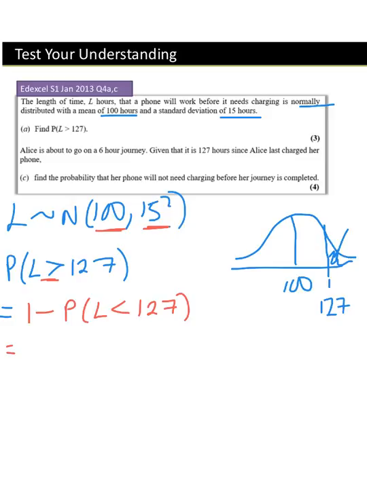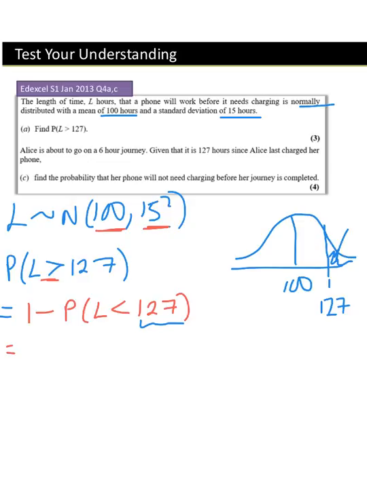I can have my upper bound as 127 and my lower bound, usually you can take it as being at least 5 times the standard deviation below the mean, and in this case I'm going to use my lower bound as 15.